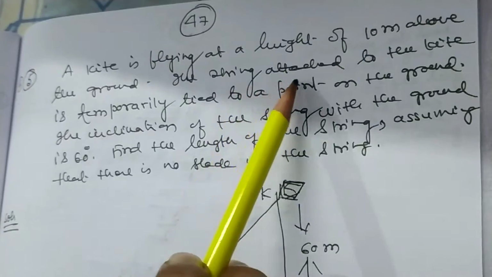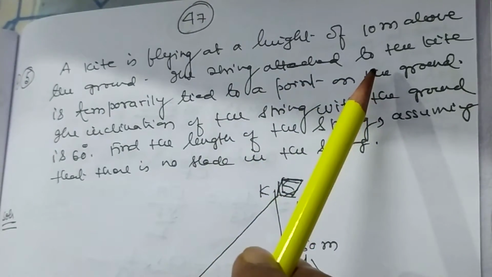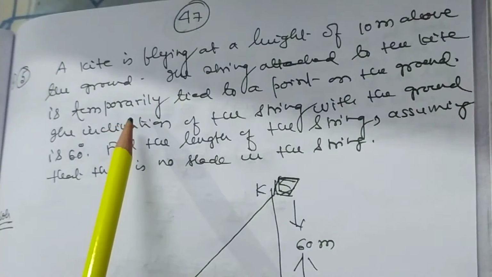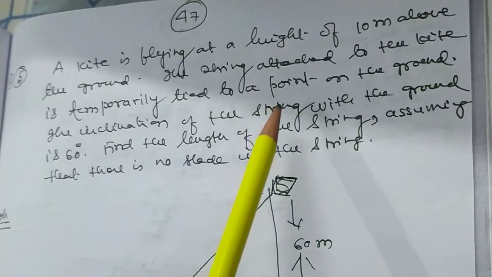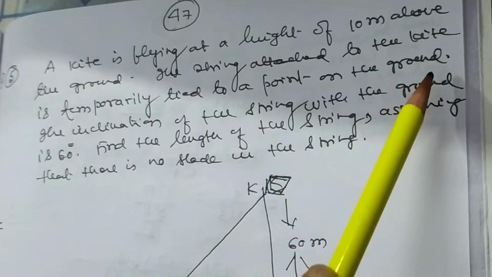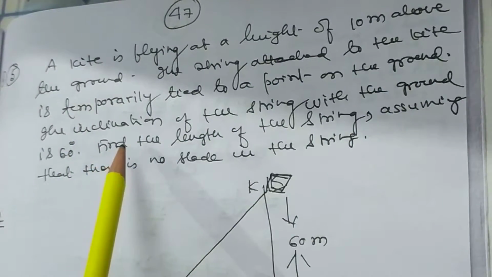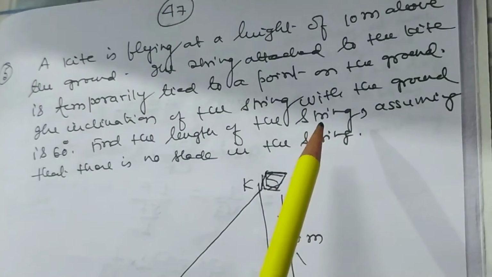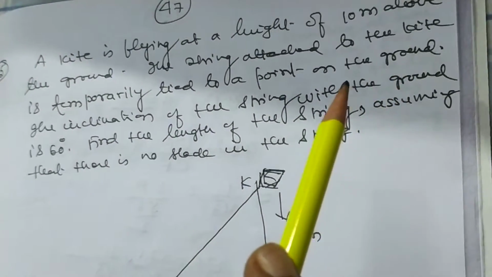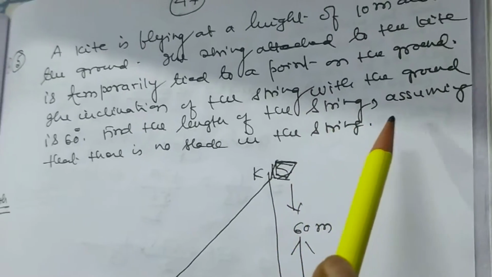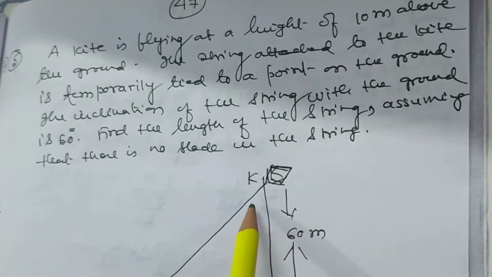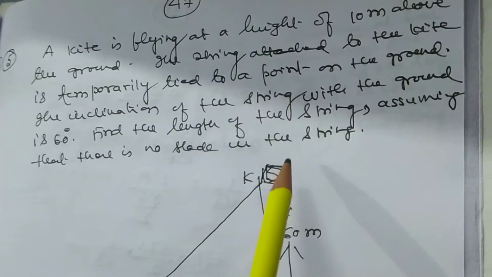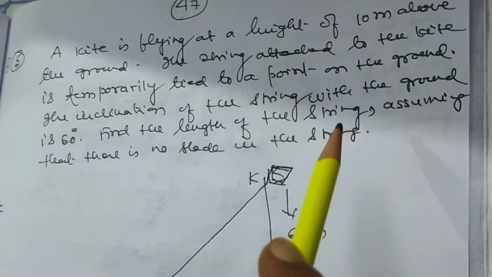The string attached to the kite is temporarily tied to a point on the ground. The inclination of the string with the ground is 60 degree. Find the length of the string, assuming that there is no slack in the string.